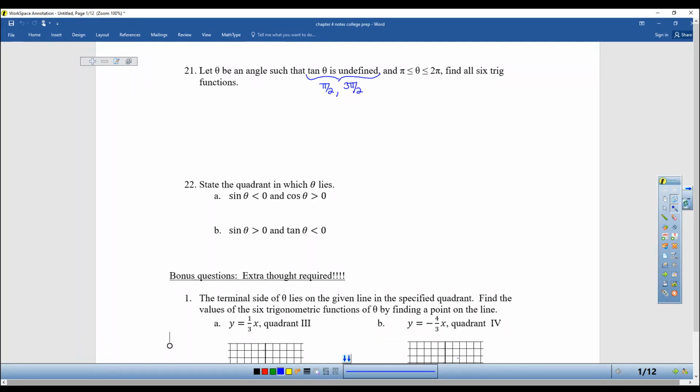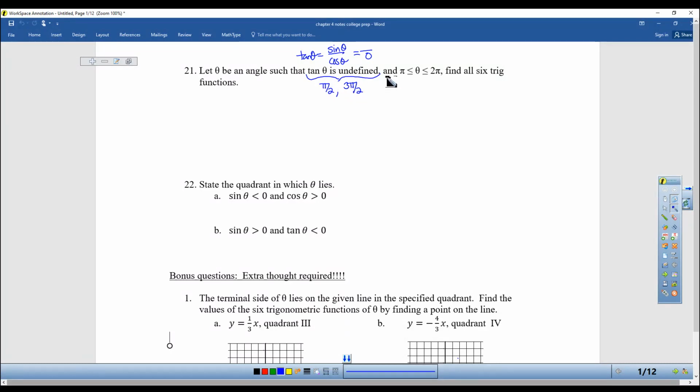Just as a little reason for that, remember that tangent is equal to sine over cosine. And therefore, whenever cosine is equal to 0, tangent is going to be undefined.